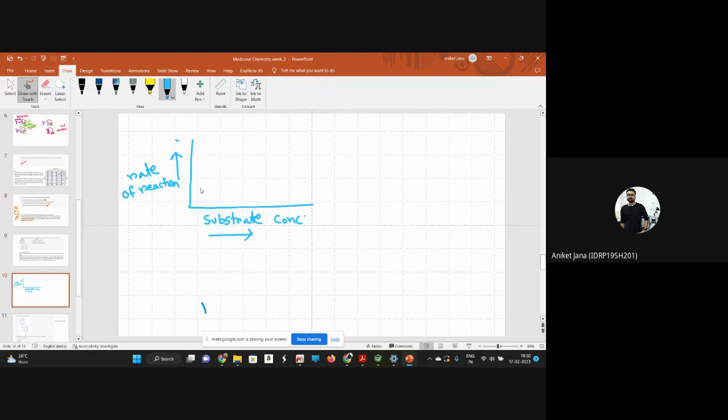So the enzyme catalyzed graph looks somehow this way. This part we mark as Vmax. And what is this point? Km.